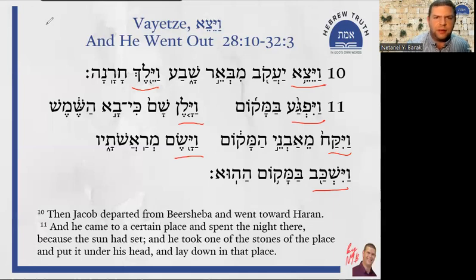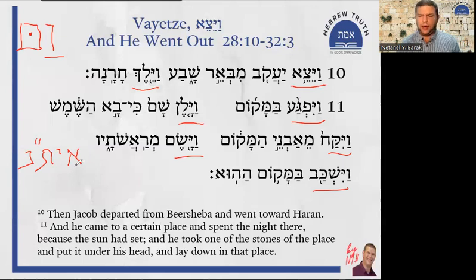You can see this va at the beginning of all of these with a vav, patach, and a dagesh in the following letter. The following letter could be one of 4 letters, the aleph, the yod, the tav, and the nun, what we call the eitan letters. Eitan means enduring, and these are the letters that are put at the beginning of the yiktol or the vayiktol conjugations of the Hebrew.